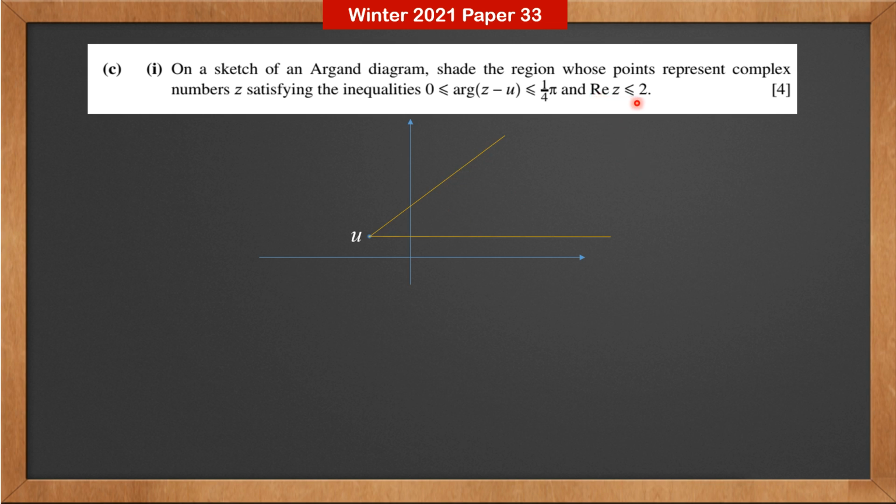And the real part of z less than or equal to 2: this vertical line is real part of z equal to 2, and less than 2 should be to the left of this line. Therefore, the shaded region should be this right angle triangle.